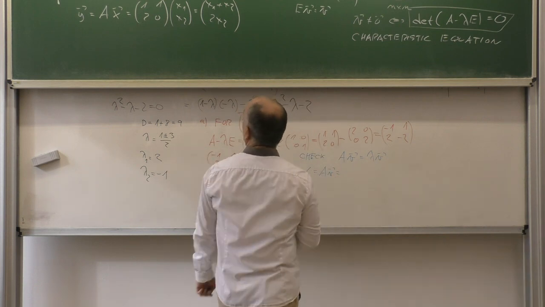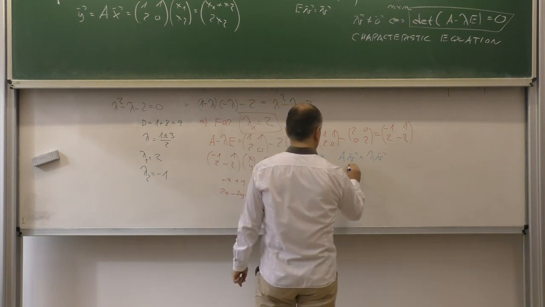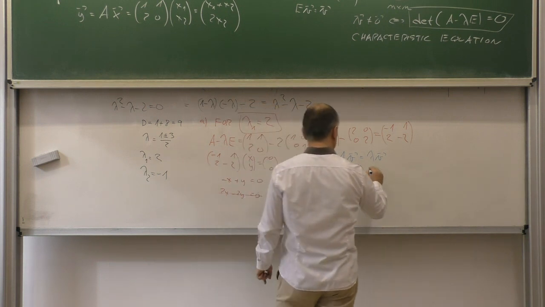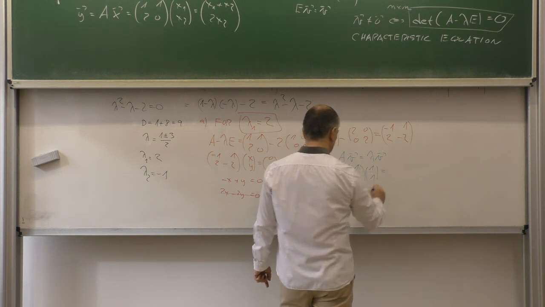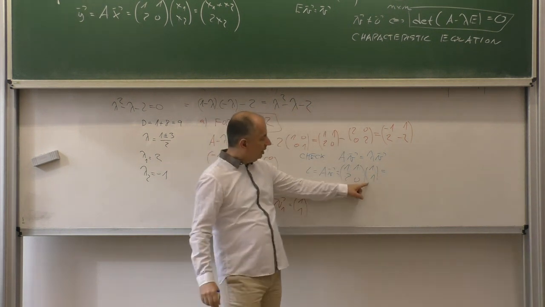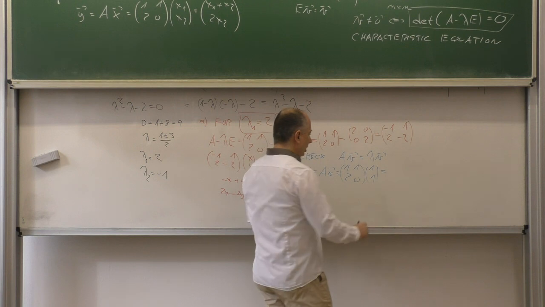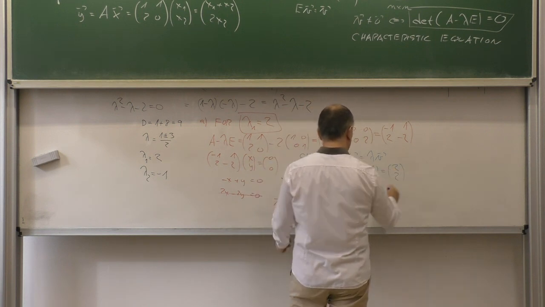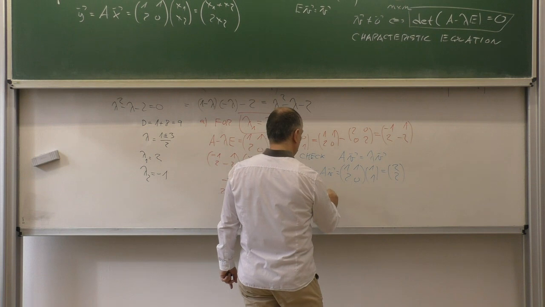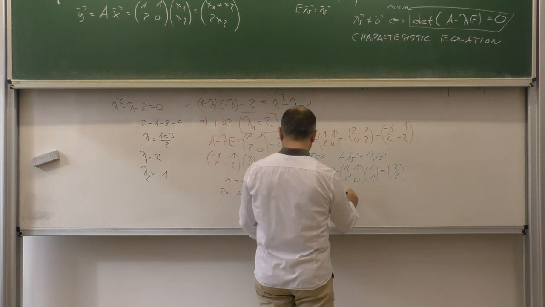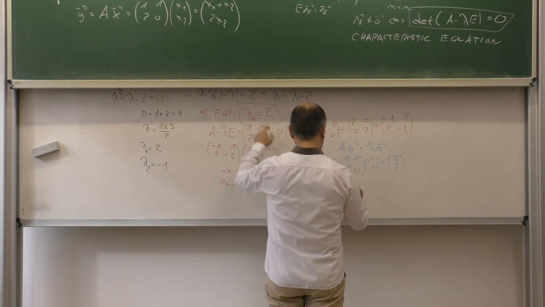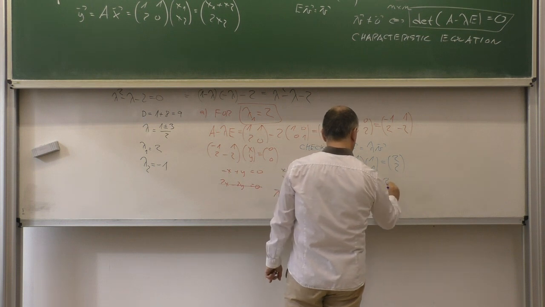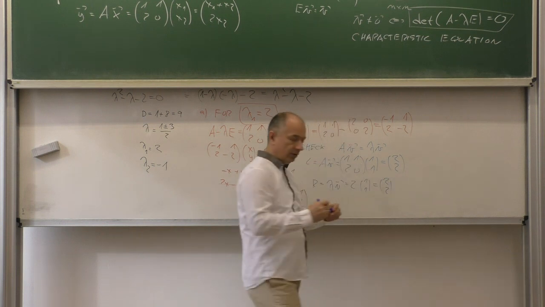A is 1, 1, 2, 0, and v is 1, 1. And if we perform this multiplication, we have 1 plus 1 is 2, 2 plus 0 is 2. And on the right, we have lambda v, where lambda is 2 and v is 1, 1. So we have the vector 2, 2. Yes, this is correct.